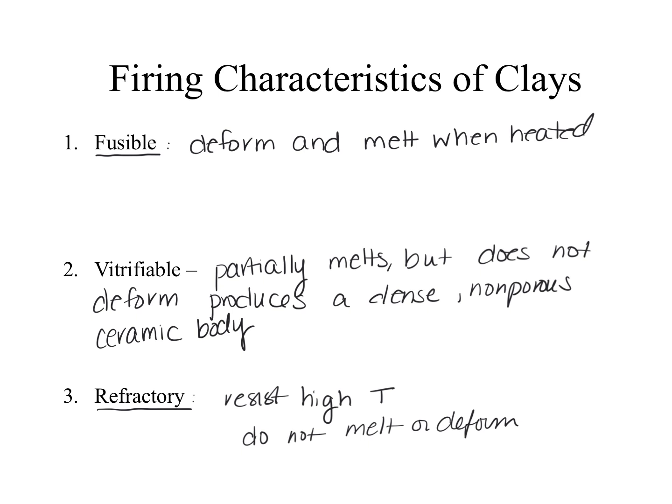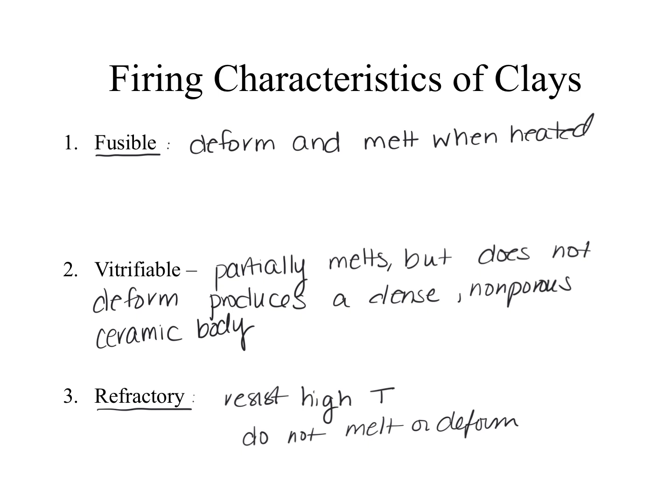And you're absolutely right. So you may want a clay that's really fusible for one thing, and is really great, but you may want something that's refractory for something else. So these are just characteristics that we use to describe what's going on when we fire clays. Sometimes they're good for one purpose, but maybe not good for another purpose. And so we're very purpose-driven in what we use to make these ceramics.